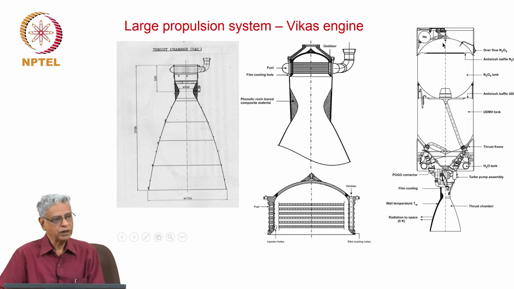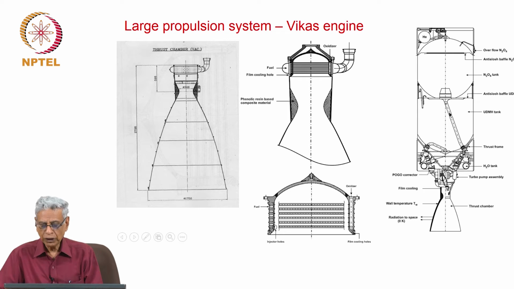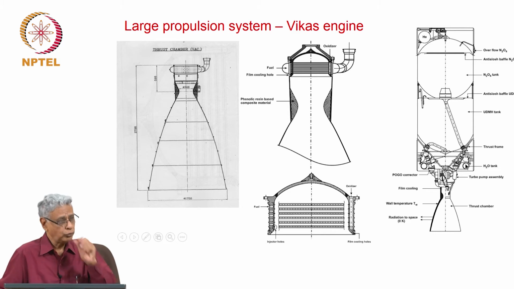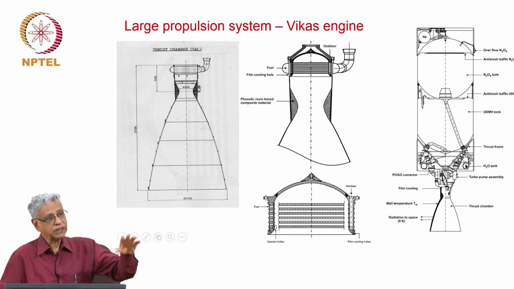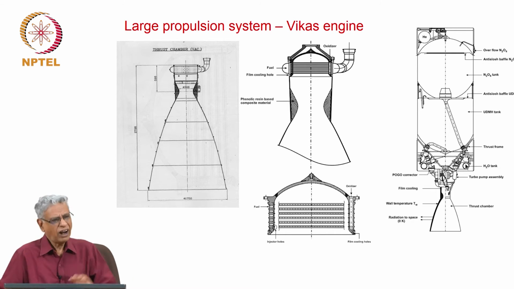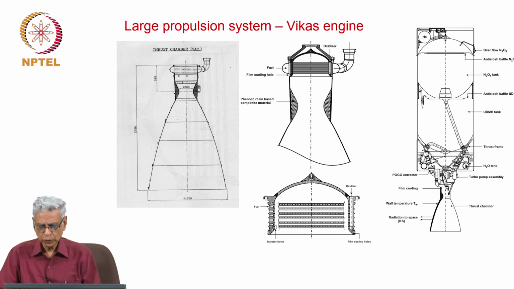Gas pressure comes here. In the ullage space here, the gas is delivered here to apply pressure on the liquids, which will be drawn into the turbo pumps, which are located here. In this particular system, they need water as well. As I told you, in the turbo pump, you need to spray water to cool it down to temperature required for operation of the turbine, and not true in every case, but in this case it is so.